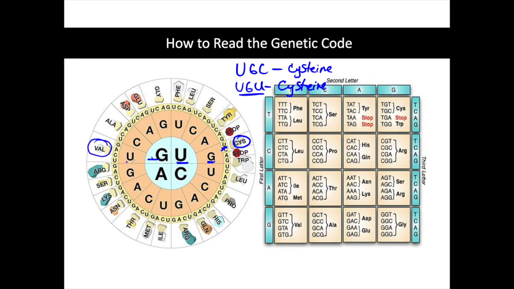For valine, I can change my third position to any of the 4 bases, and I still get a valine amino acid at that position in my protein. This allows for flexibility in the genetic code. We need that flexibility so that these mutations do not always result in non-functional proteins, and that more often than not, those mutations will result in the same protein. We just have a different gene sequence.